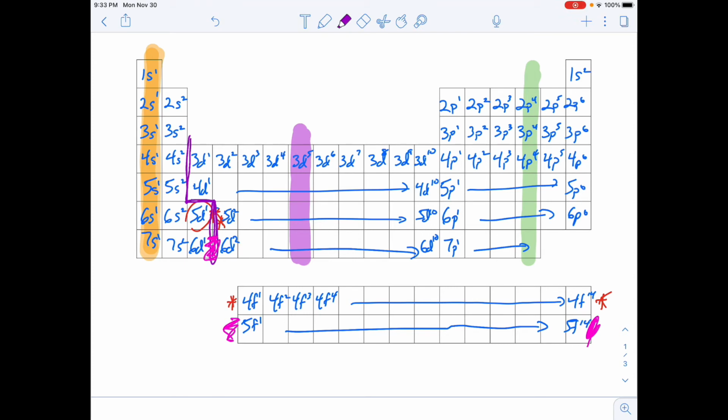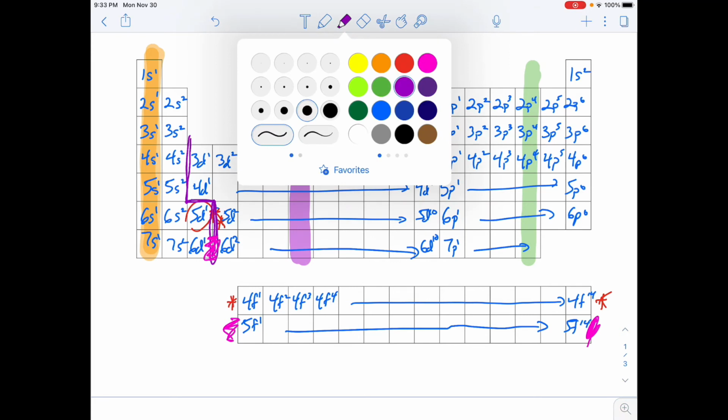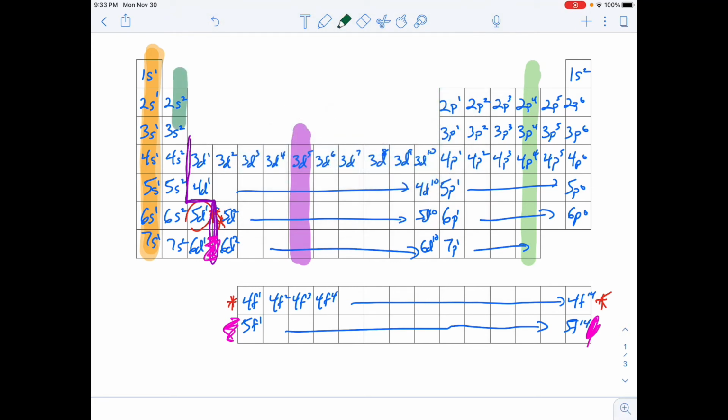I didn't write out the d5s, but they would all end in d5. And because they all end in the same electron configuration, those elements in that up and down column are going to have similar behaviors, because it's electrons that dictate the behavior of elements. And that's what Mendeleev did. Mendeleev put elements in columns that behave similarly. He didn't know about the electron structure then, but all he knew was that they behaved in similar fashion.